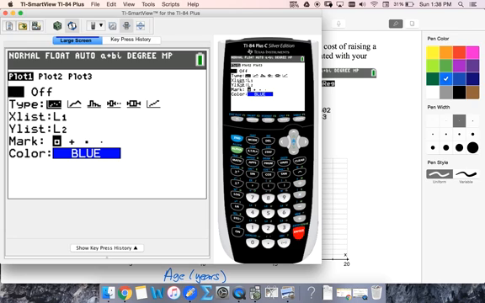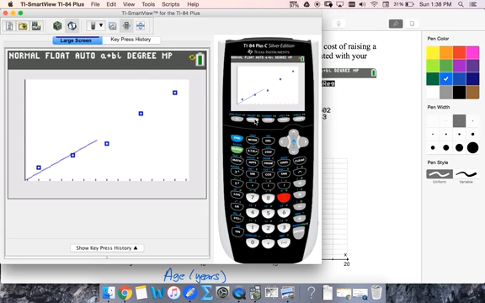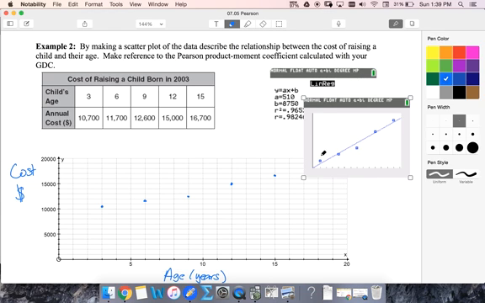So on, and I want different points, X list, Y list, and then I want to go to zoom, and I want zoom stat number 9. So here's my points, and I can see it is a very strong correlation because 3 of my points look like they're on the line, and then 1 point is very close. This one is off, but not really by that much. So I'm going to drag this over here also.